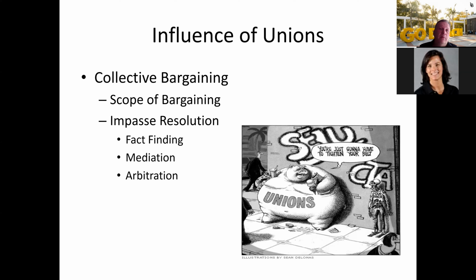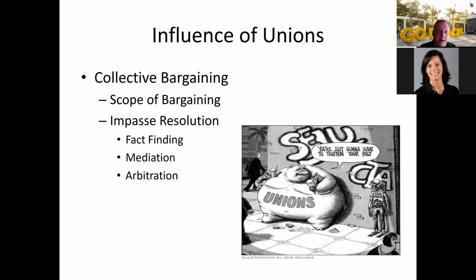Then we said, well, what happens when the two parties cannot come to an agreement? We talked about that being an impasse, and we offered up three ways to resolve an impasse: fact-finding, mediation, and arbitration. We said with fact-finding and mediation, those typically are non-binding. With arbitration, if you really want to come to an agreement between the bargaining unit and the agency, you're going to want to use final offer binding arbitration.